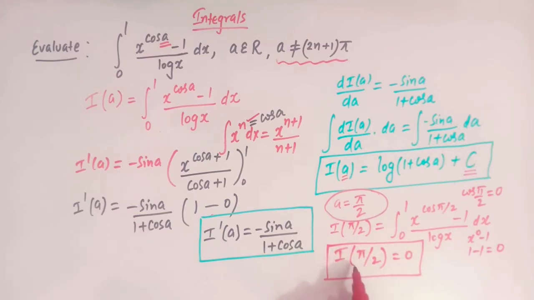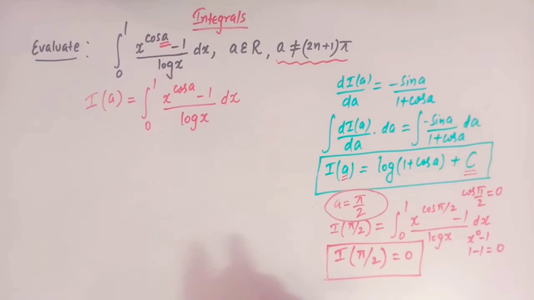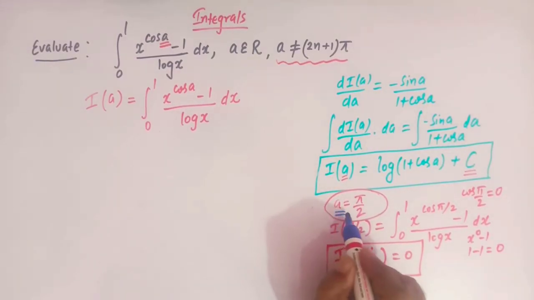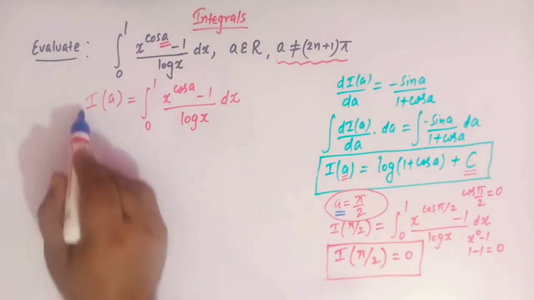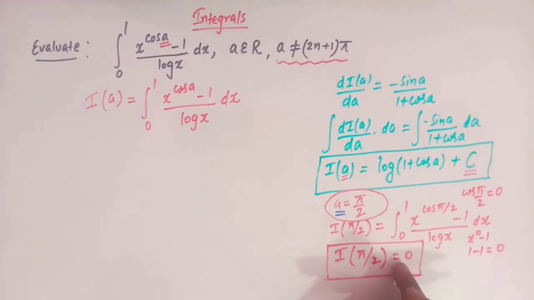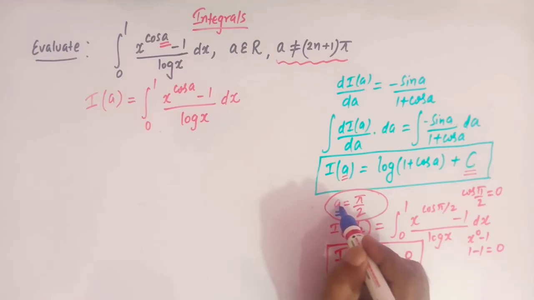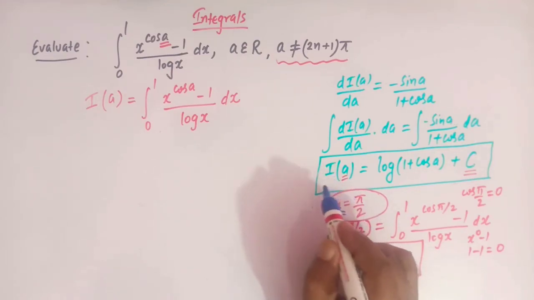So now we have this condition, that is when a is equal to pi by 2, then I of pi by 2 is equal to 0, right? Okay, so here we have substituted this value of a, that is pi by 2, in this integral to get this result, right? Now substitute this value of a as pi by 2 in this expression.